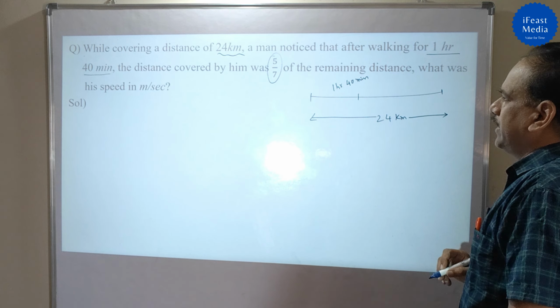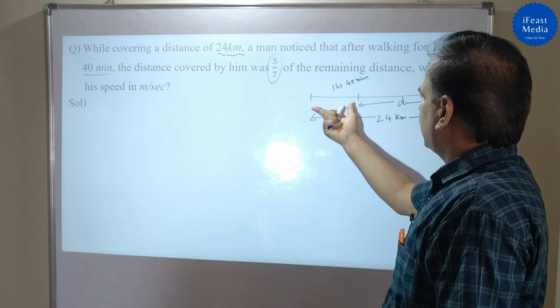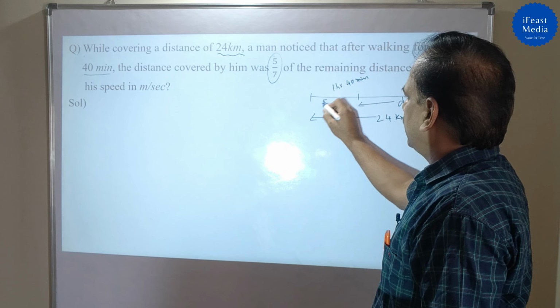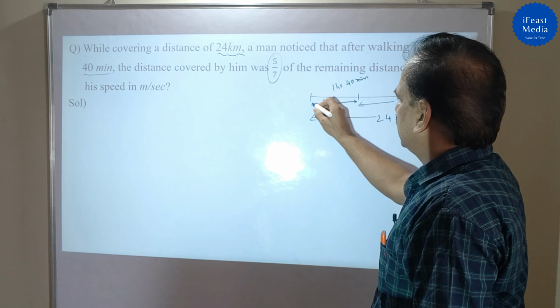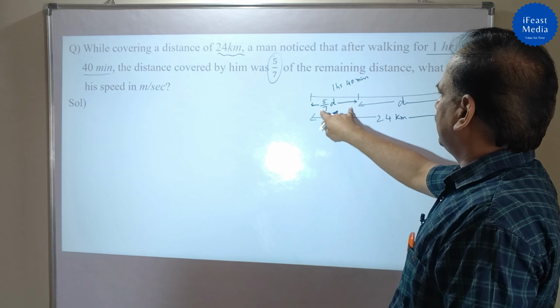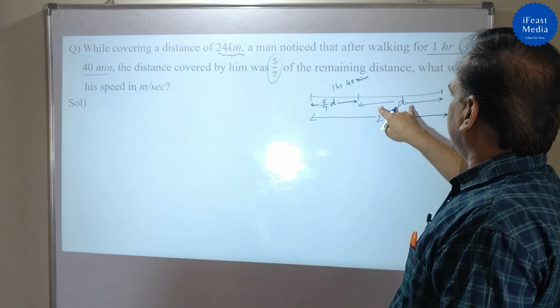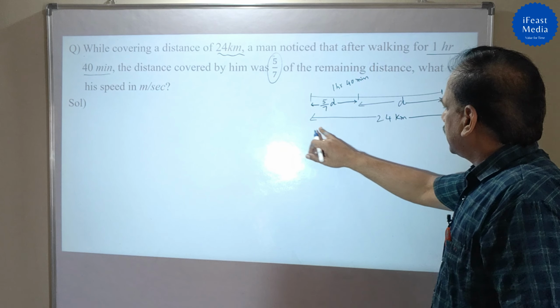Let the remaining distance be d. Then what is the distance he covered? 5 by 7 part of d. So the distance covered by him in 1 hour 40 minutes is equal to 5 by 7 part of the remaining distance. Right. So what is the total distance?